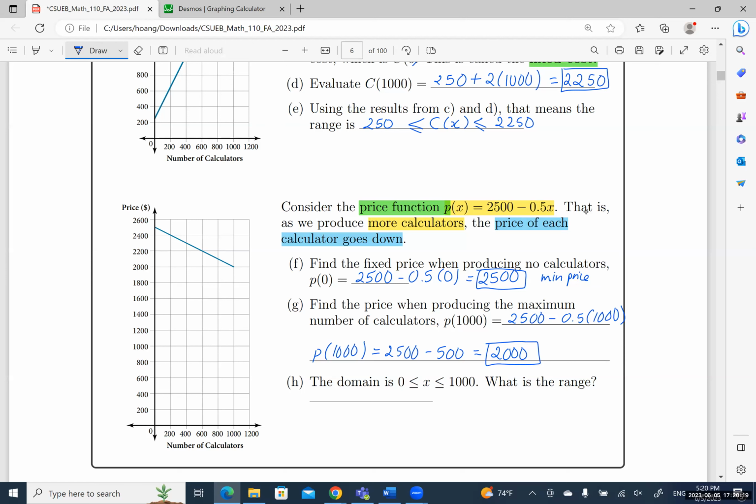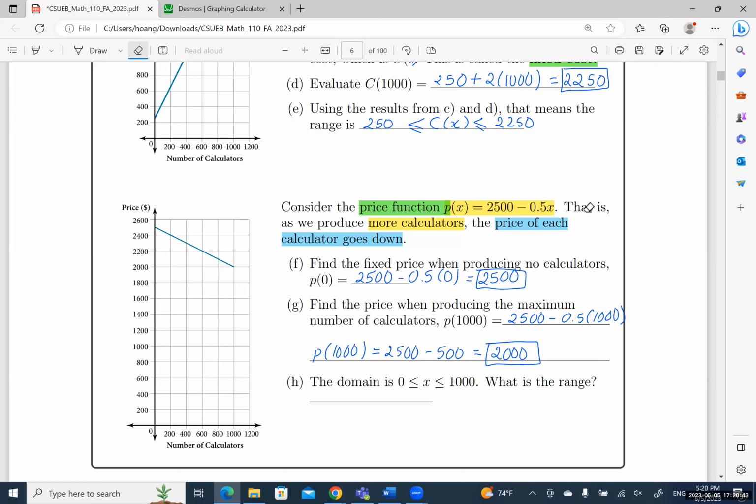So I'm not using the word minimum price for the fixed price, since it's higher than the price in the case you have 1,000 calculators. But you know that it means the price is just going to stay in between 2,000 and 2,500 only.